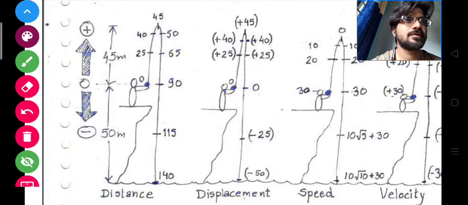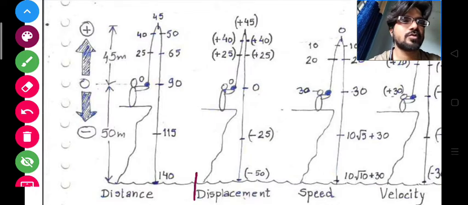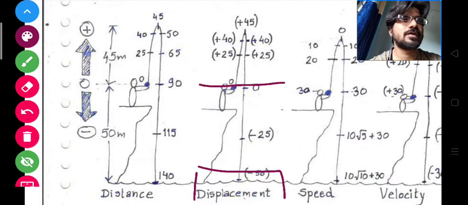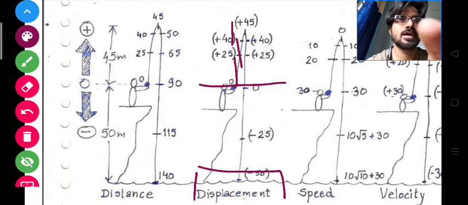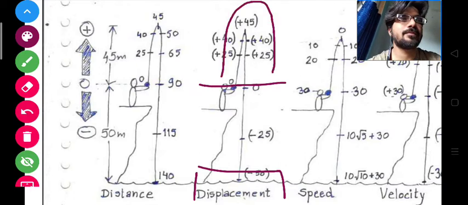Now we will go to the displacement part. Using the same axis, you know that displacement is a vector quantity. Whenever it is in the positive direction, it will take positive values: plus 25, plus 40, plus 45, and after going to plus 45, it will retrace its path until it comes back to its original position from where it started.